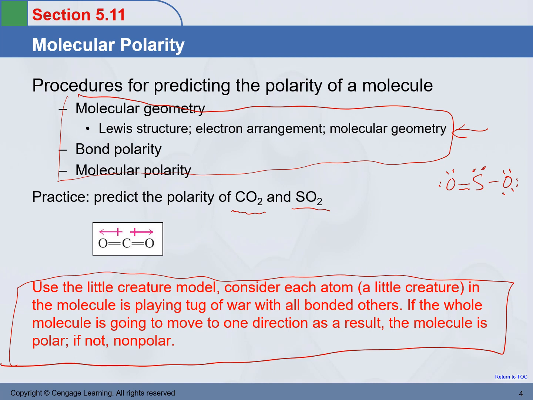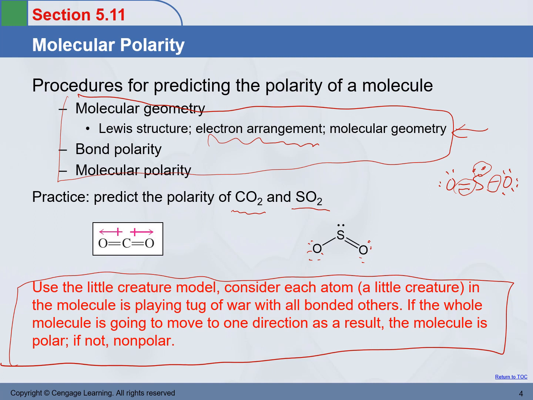There are 3 groups of electrons around the center atom, so the electron arrangement will be trigonal planar. Out of the 3, only 2 are bonded to oxygen atoms, so the overall molecular geometry will be angular. That will be the shape of the sulfur dioxide molecule. I did not put the lone pair here. It's not a big deal in this case because we focus on the center atom.